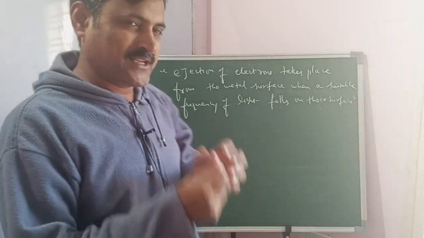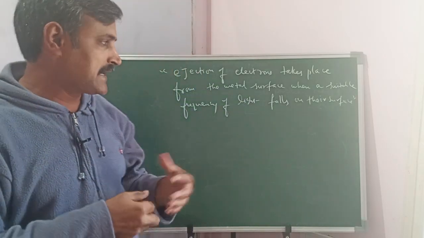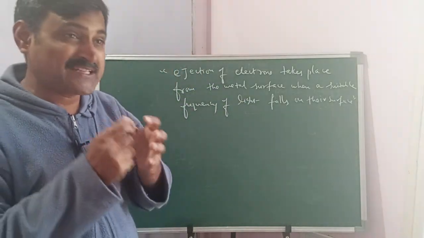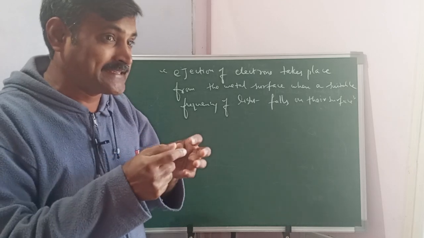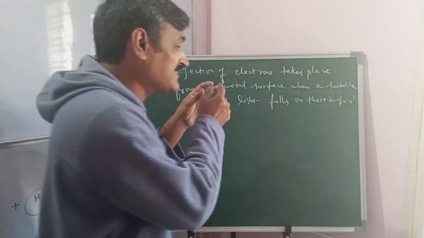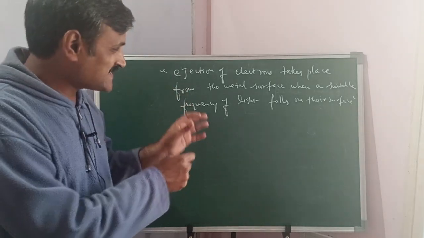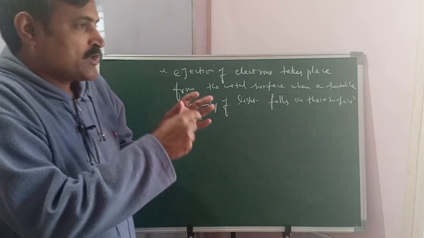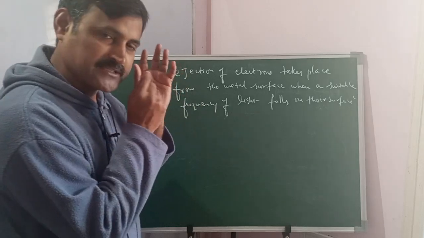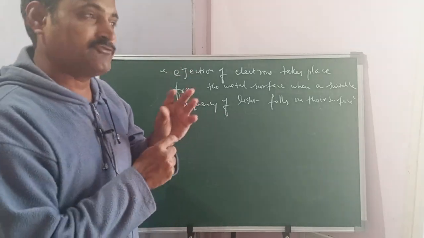What this means is that electrons will come out of the metal surfaces when light of a suitable frequency falls on their surfaces, or else these electrons remain attached to that metal surface only.